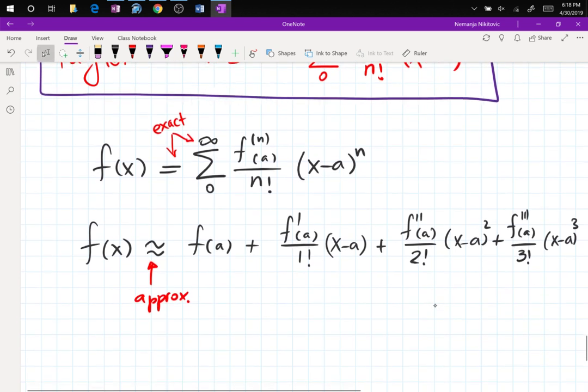That is the reason why we want to do the centering at a. Yes? For each additional term, how much more precise? Depends on the function, but it is always better.